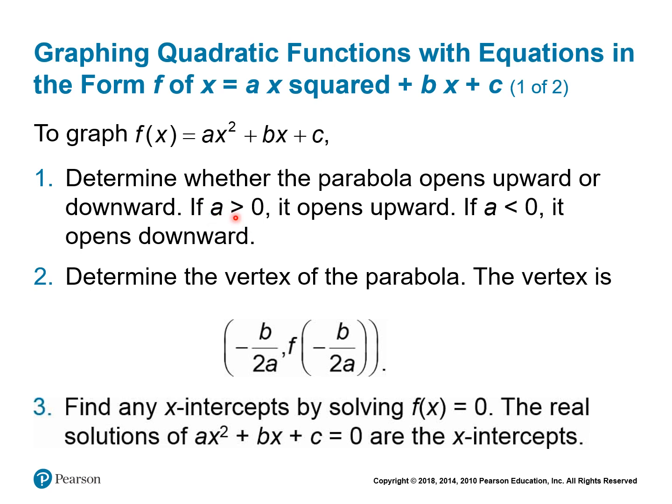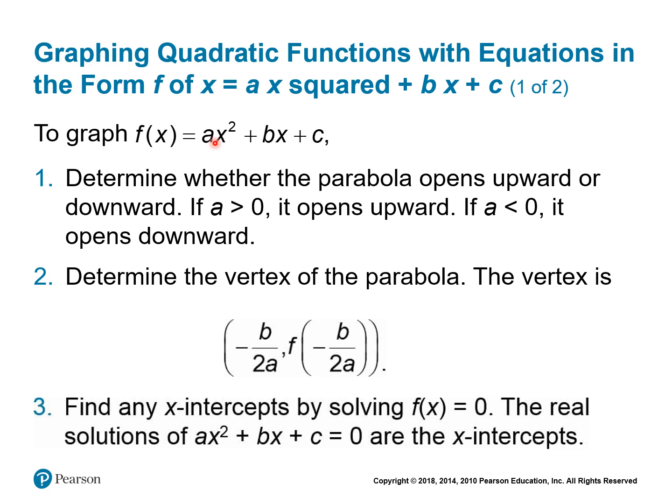Here, we look at a, which is the coefficient of the first term in a quadratic function. A is the coefficient that goes with x squared, and the x squared term should be the first term. So if a function is given to you not properly ordered from the highest exponent to the lowest exponent, we first have to put it in proper order.